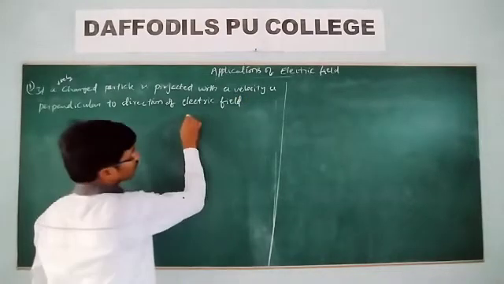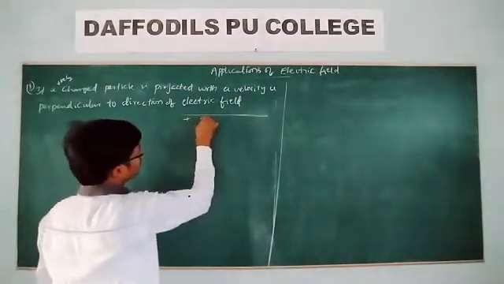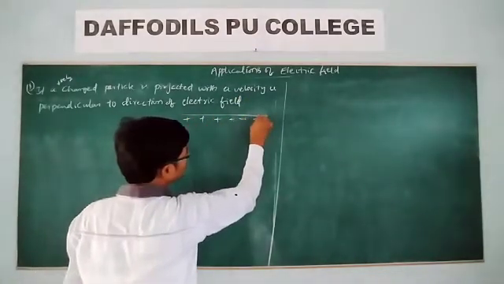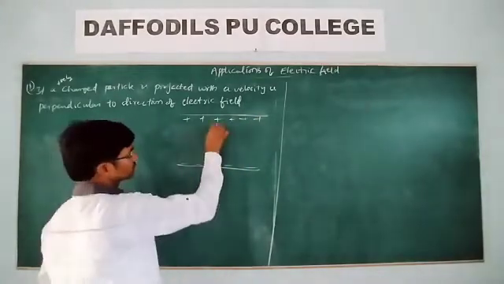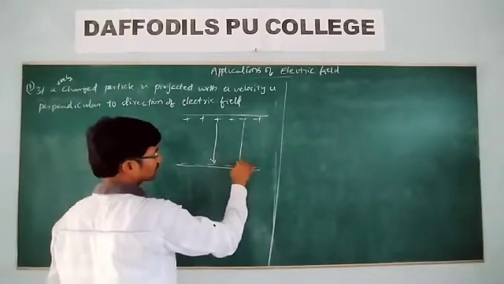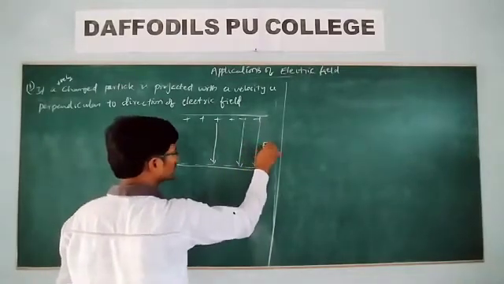Let us say here a positively charged plate and a negatively charged plate. What is the direction of the electric field? Always from positive to negative.